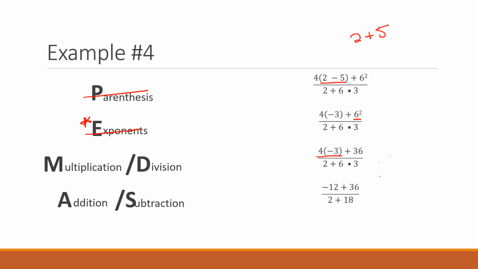And so finally, we are done with our multiplication, and we're done with basically all the other operations in the numerator and denominator except for addition. So negative 12 plus 36 is going to give us 24, and 2 plus 18 is 20. And last, this can be reduced and it becomes 6 over 5. And that is how you can write your answer.